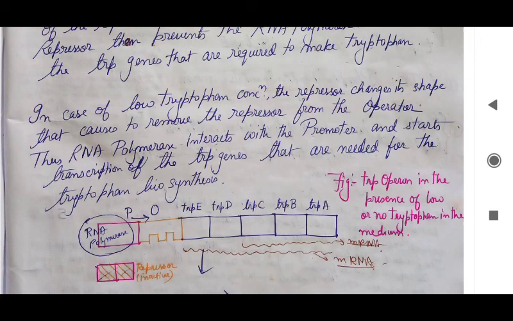Thus RNA polymerase now interacts with the promoter and starts transcription of the TRP genes which are needed for tryptophan biosynthesis.